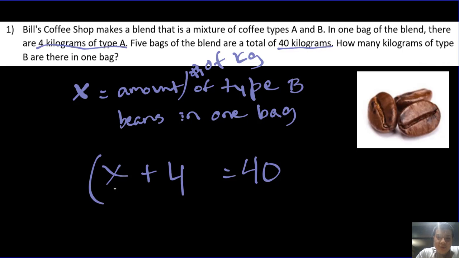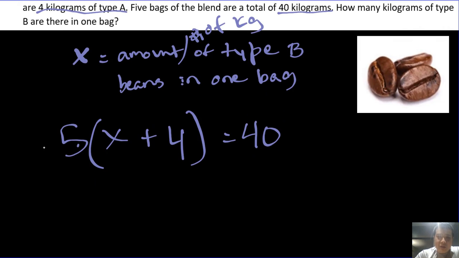So we need to multiply this by, excuse me, not 40, by 5, because we have 5 bags of this stuff. So the weight of 5 bags is going to be 5 times X plus 4. This X plus 4 is the weight of one bag, because it's the type A and the type B. And 5 times the weight of one bag gets us the weight of 5 bags, which is 40 kilograms.